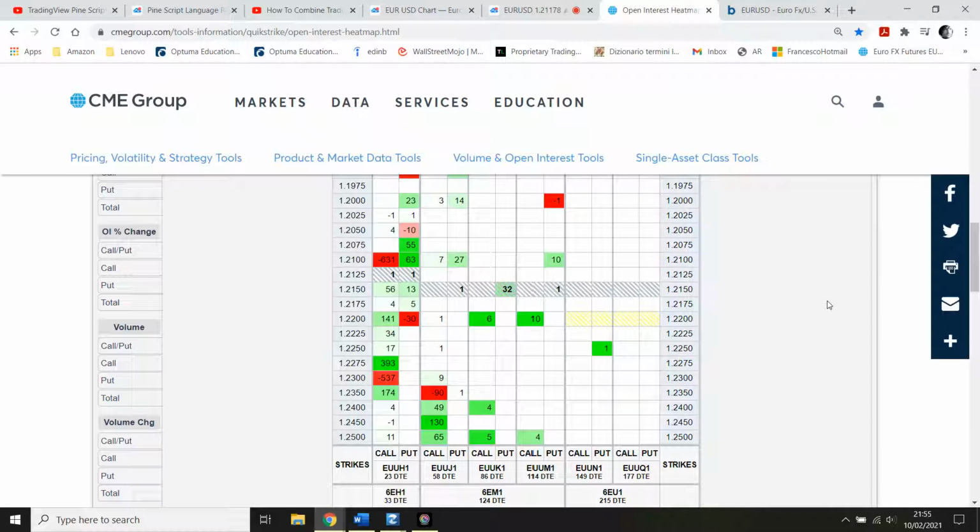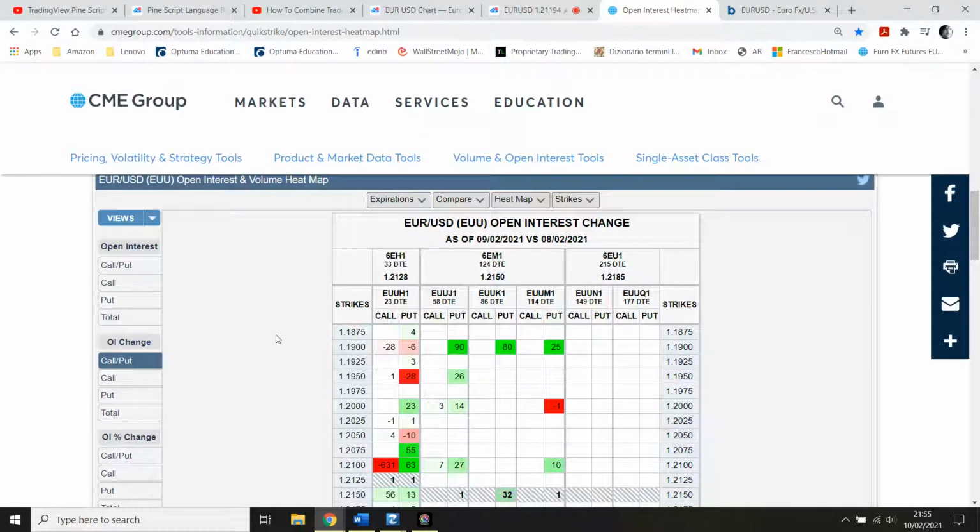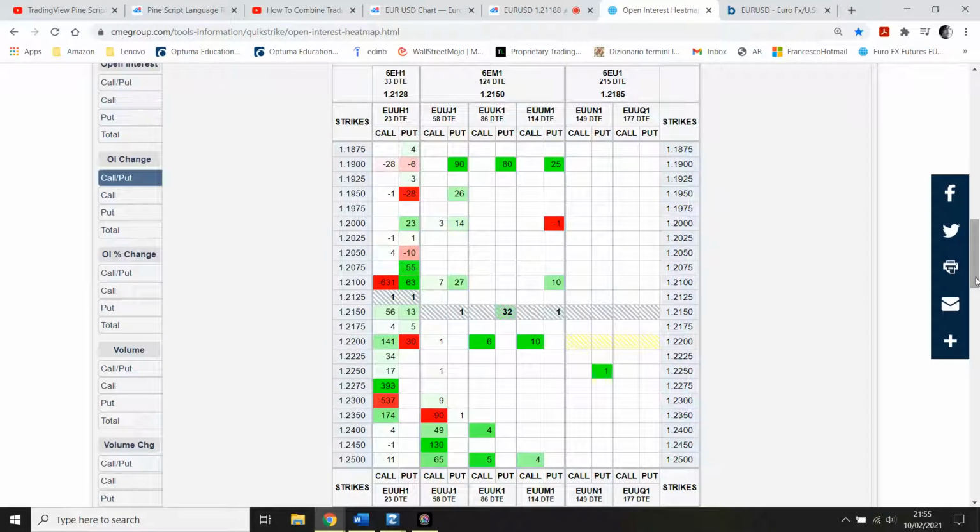You can see where the chunks of orders are waiting to buy a particular currency, where they're bidding or asking. Here are the strike prices, and quite handily they're divided into halves and also quarters.